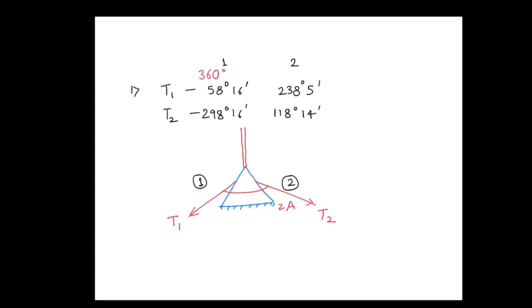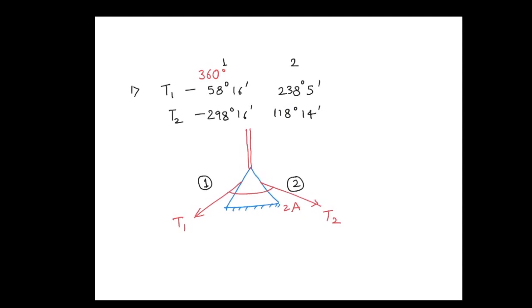Let us rewrite this, let me erase this. So 360 plus 58 will become 418. Instead of 58, I will write 418 degrees and 16 minutes. So now we can do the calculation.